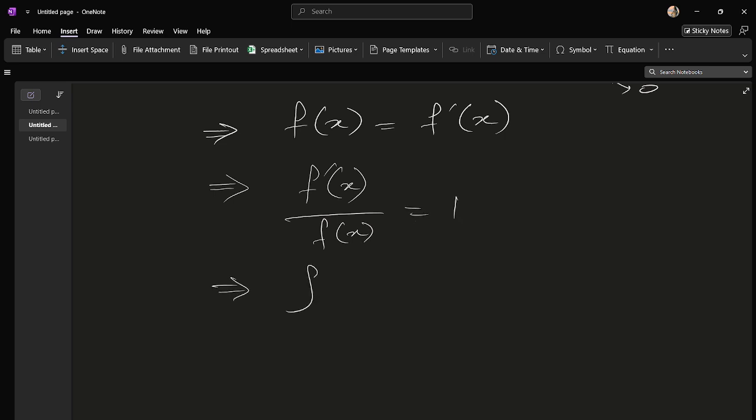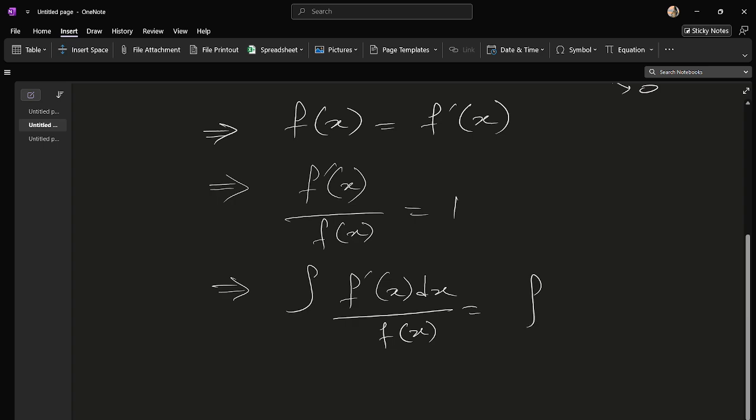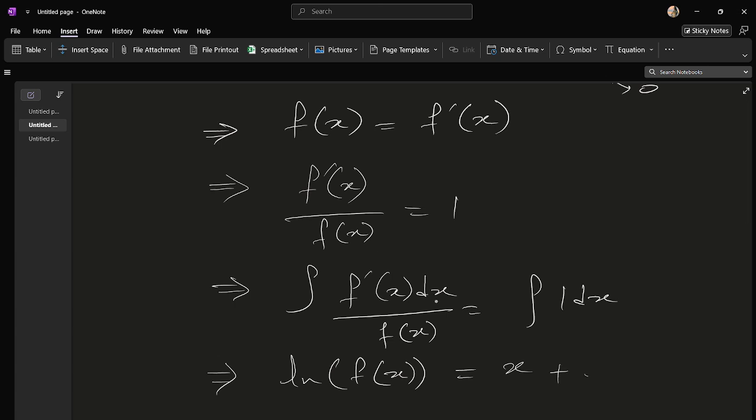If we integrate both sides, that means integral of f dash x dx by f x equals integral of 1 dx, then we get ln f(x) equals x plus ln c.